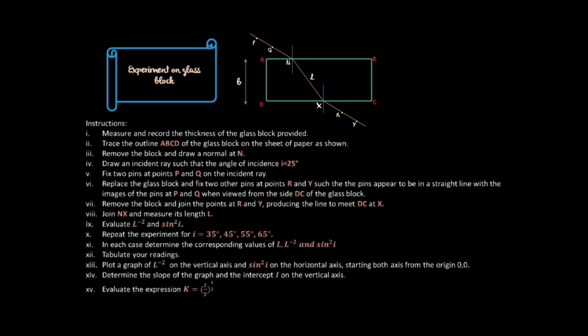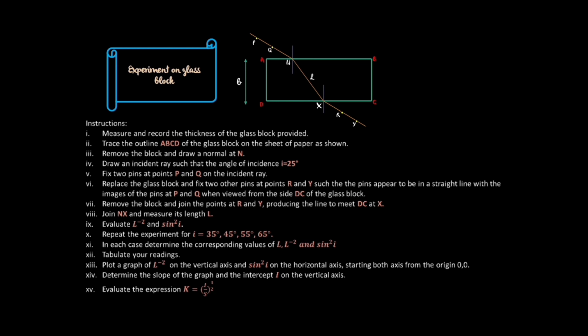Join NX and measure its length L. Evaluate L raised to the power of -2 and sine square I. Repeat the experiment for the various angles of incidence I to be 35 degrees, 45 degrees, 55 degrees, and 65 degrees respectively. In each case, determine the corresponding values of L, L to the power of -2, and sine square I. Tabulate your readings.